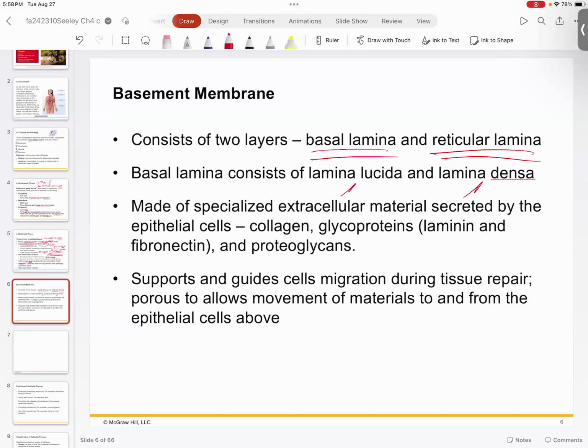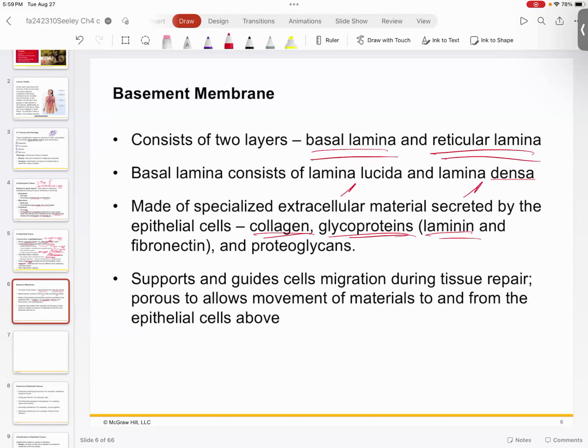But when you're taking a look at this, essentially what you see is a matrix of material that's made out of collagen, right? That's a protein fiber: toughness, strength, durability. Then glycoproteins, which are polysaccharide-containing proteins. Generally speaking, it's laminin and also fibronectin.